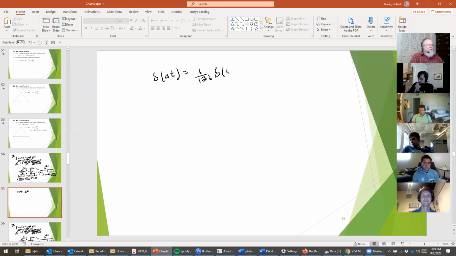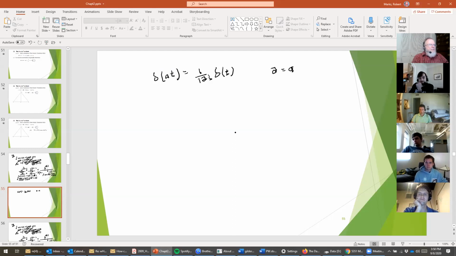Do you recall that this was the scaling theorem? And by the way, I've given up a long time ago: my typewriter a is the same thing as my script A. They're both the same. Do you recall that scaling theorem?